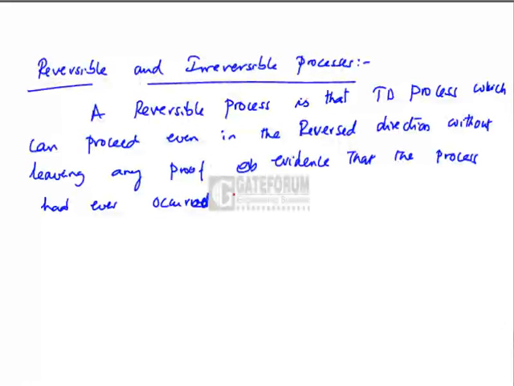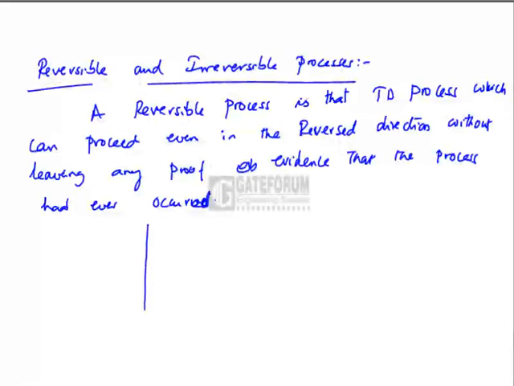A reversible process could proceed either in the forward or backward direction without leaving any proof that the process had ever occurred.